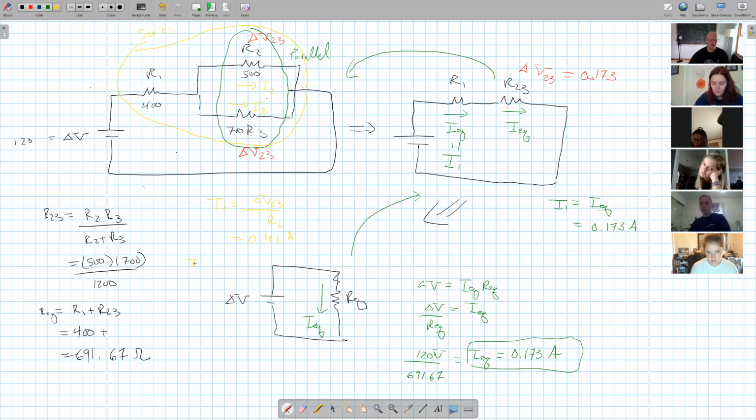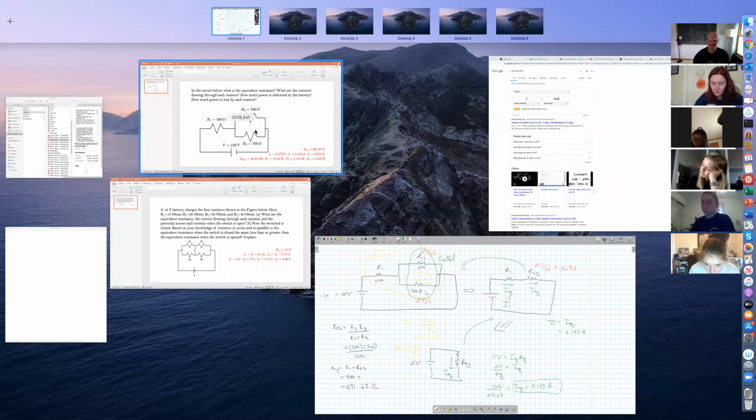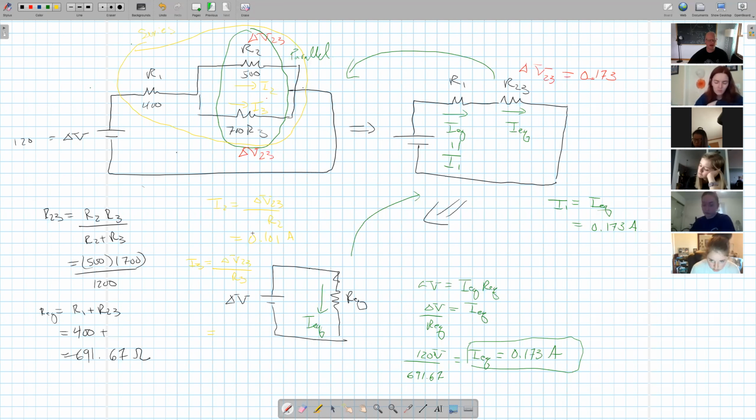Then the current I3 is equal to delta V23 divided by the resistance R3, which works out to be 0.072 amps. As a check, the current I2 plus the current I3 has to equal the current I1, because I1 comes in, splits up into I2 and I3, and then has to recombine back to I1.